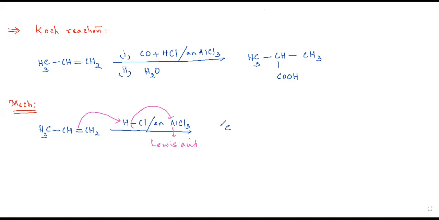CH3, then CH. Here we get a positive charge because this gets negative charge and this gets positive charge. So the negative abstracts H plus. You know the mechanism. Then this will become CH3, because it's CH2 minus and H plus.